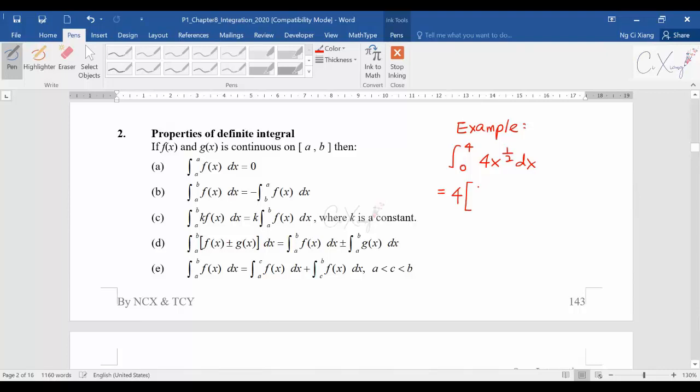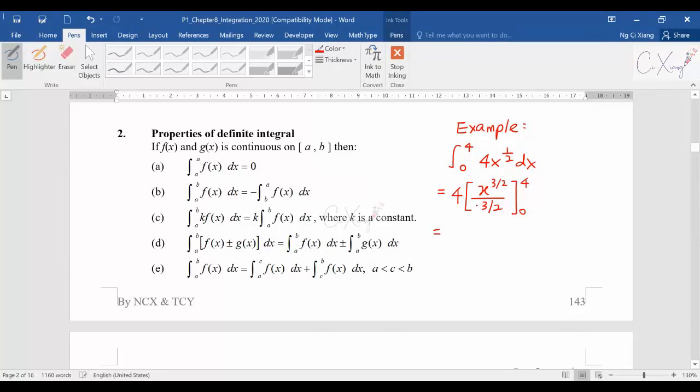So x power half plus 1 becomes 3/2, and then you divide by 3/2. For integration with limits, you are not going to have the plus c at the end. No more plus c. What you need to do is put a square bracket after your integration, then substitute the values, the limits 0 and 4 first.